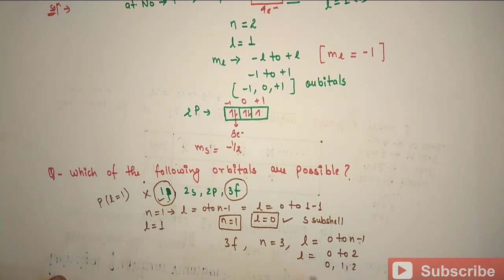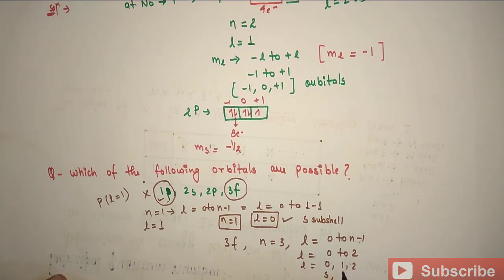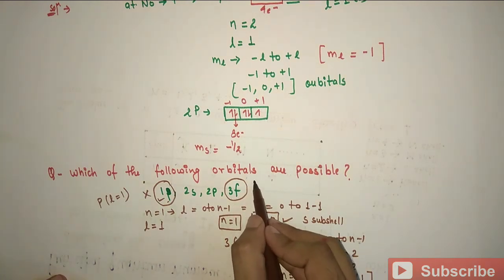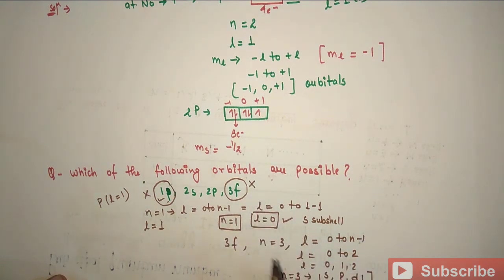The value of L is 0 for s, 1 for p, and 2 for d. So for the third energy level, all the possible subshells are s, p and d. Here the f subshell is given with the third energy level, so this orbital also does not exist.